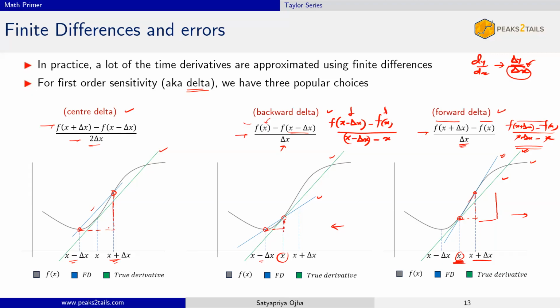But at the same time, who can tell me what is the demerit of center delta? We can see the merit definitely. It looks like more accurate. I will prove this using Taylor series in five minutes. But is there any downside to center delta?